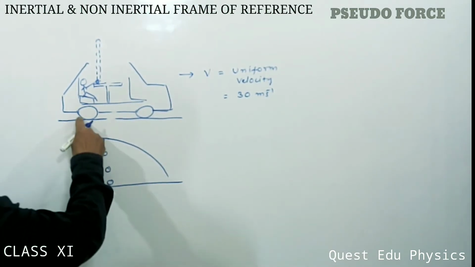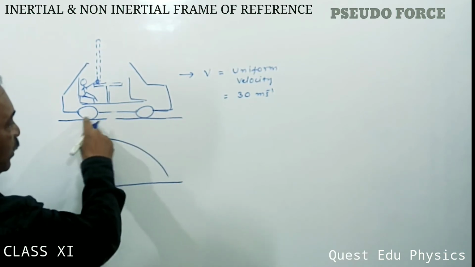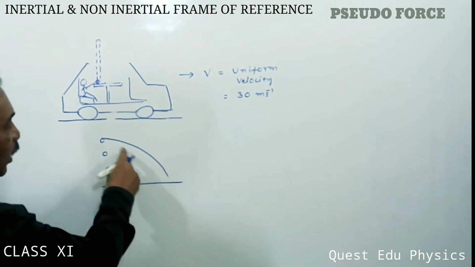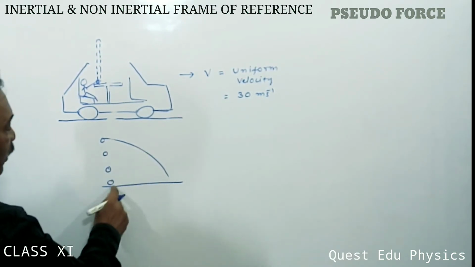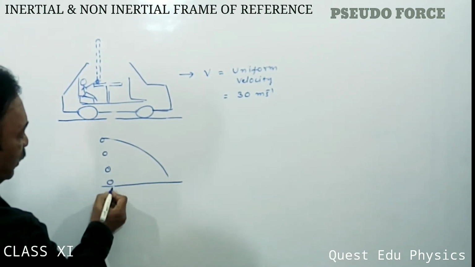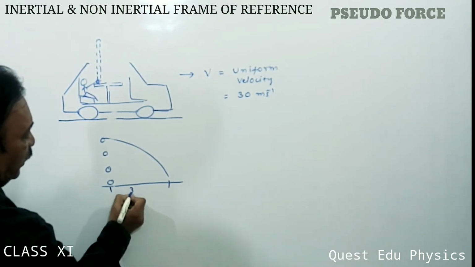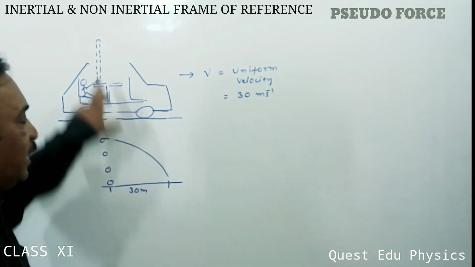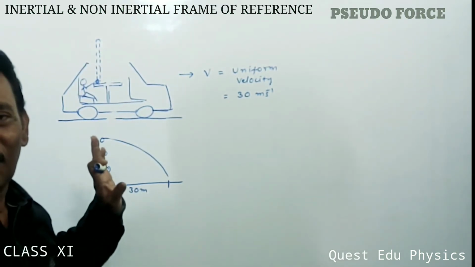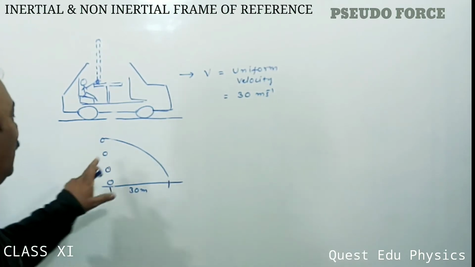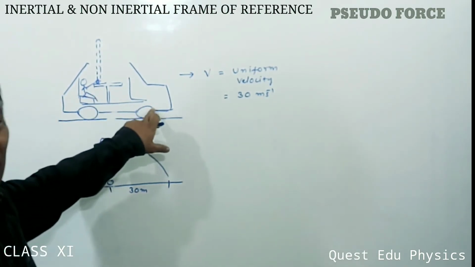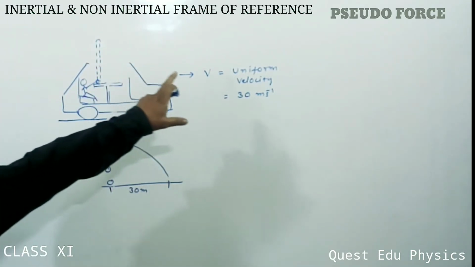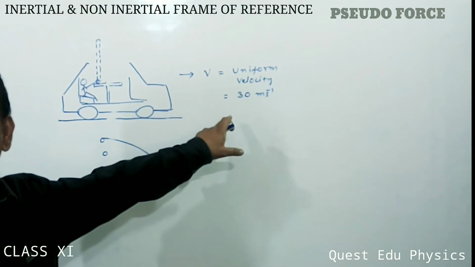Okay, students, when the vehicle moves through a distance of 30 meters in a second, the ball also is moving with the same speed, and it covers the same distance, which is equal to 30 meters. That's why it is reaching into his hands. Understanding, students? What distance the car covers, the ball also covers the same distance, because it is the inertial frame of reference.